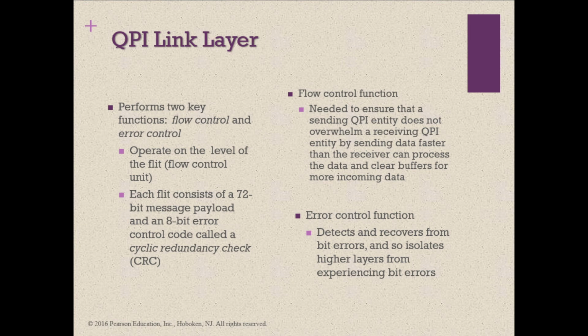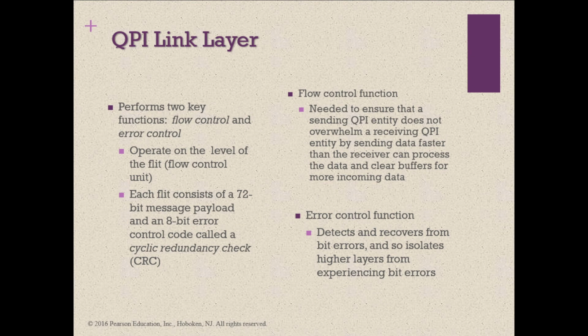Occasionally, a bit transmitted at the physical layer is changed during transmission due to noise or some other phenomenon. This is inevitable. So the error control function at the link layer detects and recovers from such bit errors and isolates higher layers from experiencing bit errors. The procedure works as follows for a flow of data from system A to system B. Number one, as mentioned, each 80-bit flit includes an 8-bit CRC, or cyclic redundancy check field.